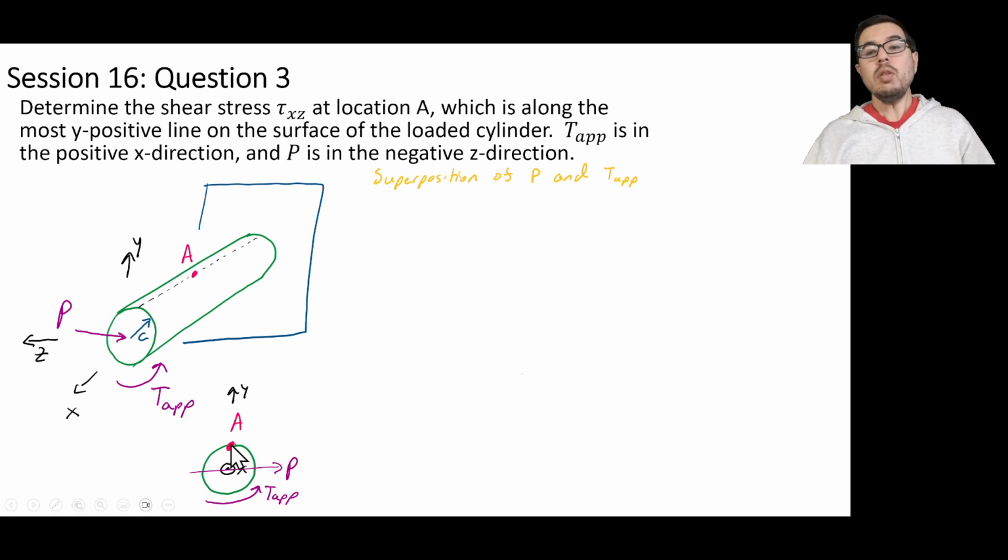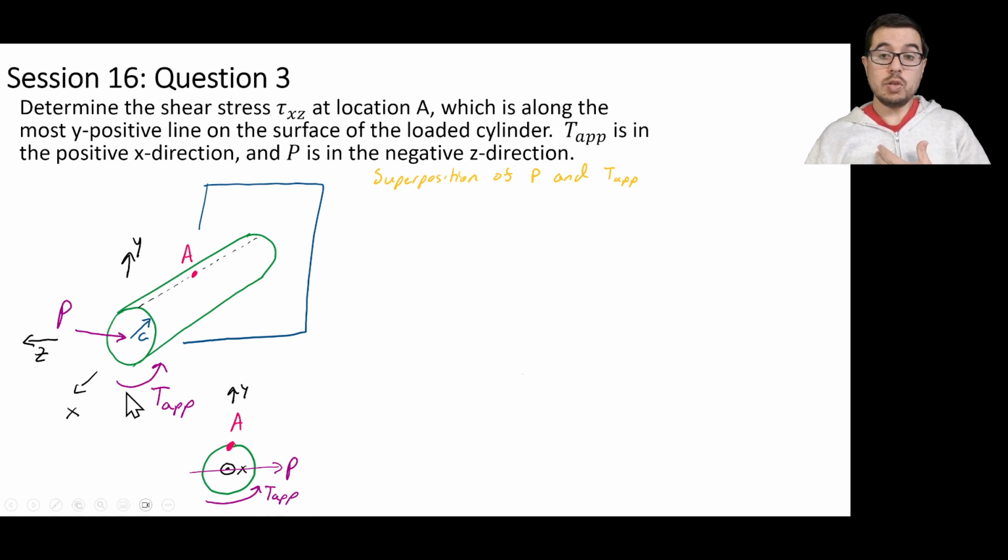Now, another way to draw this type of system to get to a quick illustration that's 2D in nature is what you see down here. So what Jeff Hansen and others would suggest is that you can just draw the cross section where we have this point A in perspective, and we have this P, which ends up being the transverse force or internal shear force P across this cross section.